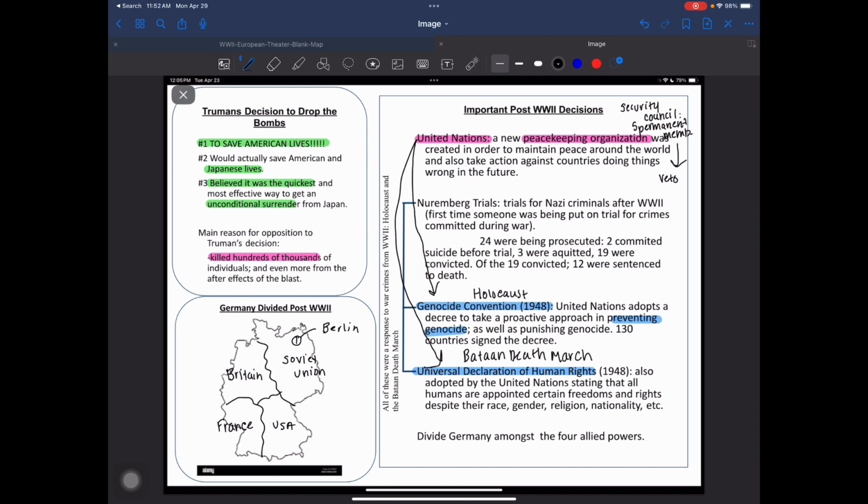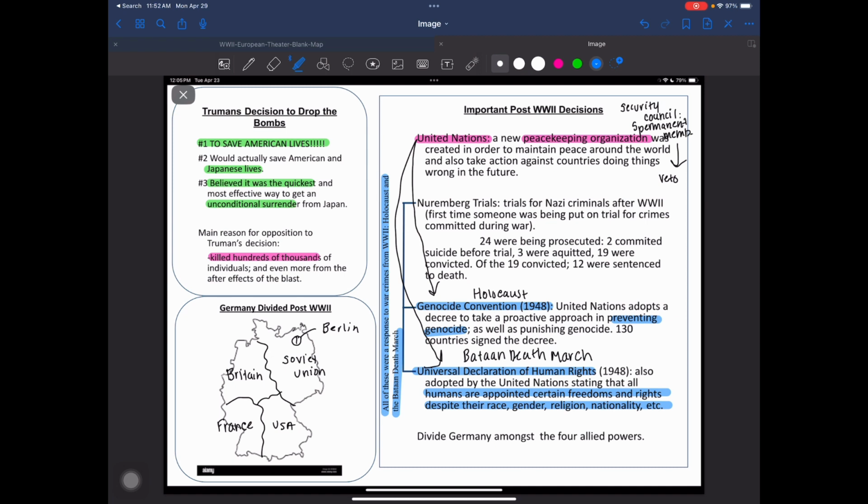And this is where, again, the United Nations, these countries that are a part of this peacekeeping organization, are going to state that all humans have certain freedoms and rights, despite who they are. And the United Nations will take an active approach in protecting those human rights. So if you see over here, it says all of these, and I'm fixing to go back and hit on the Nuremberg trials, all of these are going to be brought up because of some of the atrocities throughout World War II, like the Holocaust and the Bataan Death March, all right?